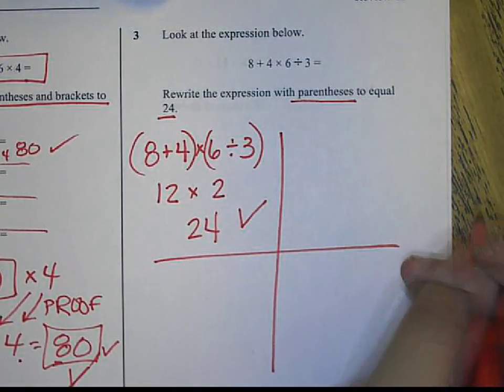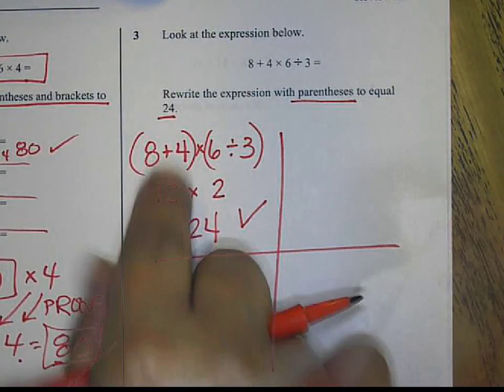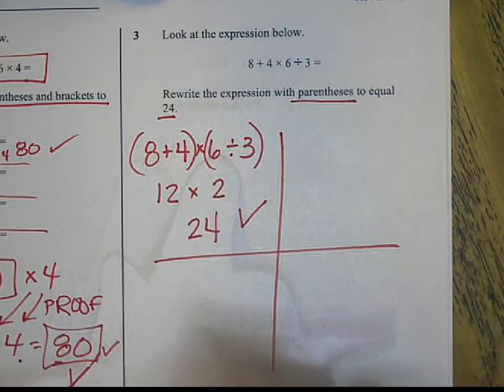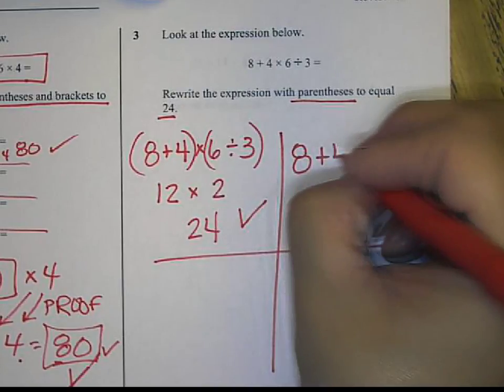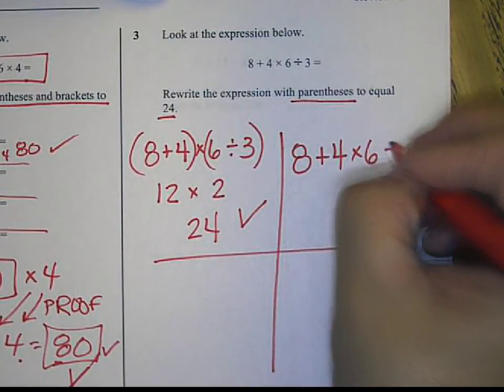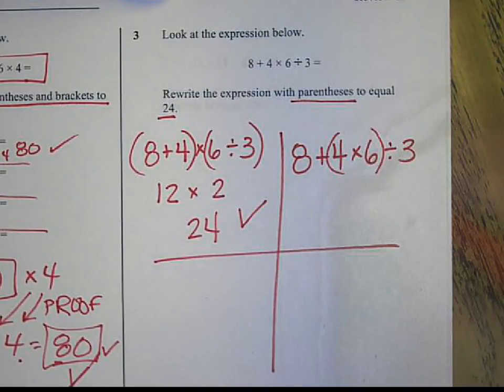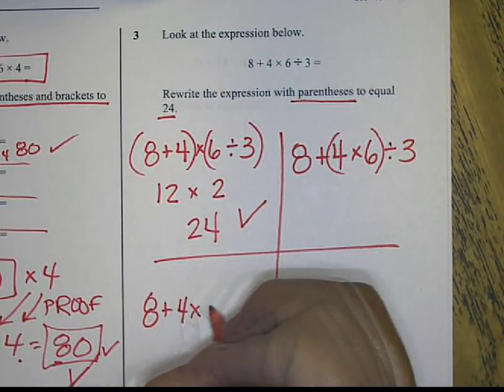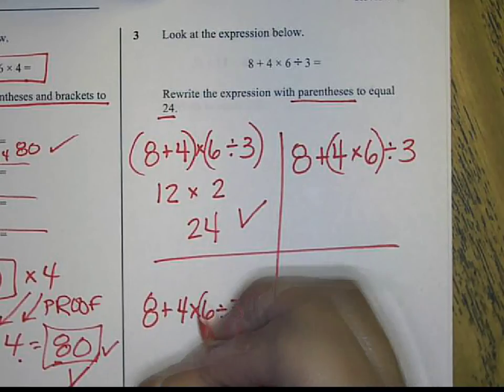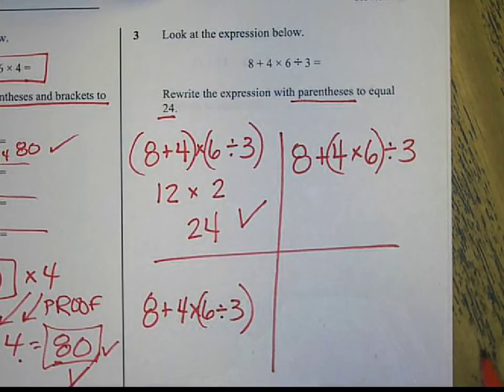Am I done? Always start with the simplest thing. Put the first ones in parentheses, the last ones in parentheses. If that didn't work, your next step would be this. Put your parentheses here. If that wouldn't work, your next step would be this. Put your parentheses there only.